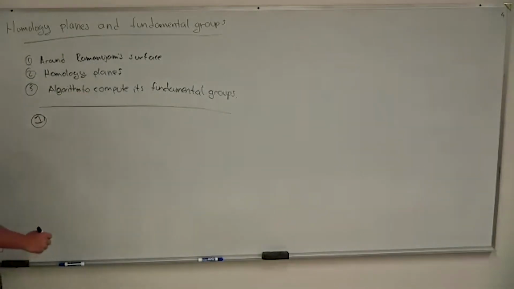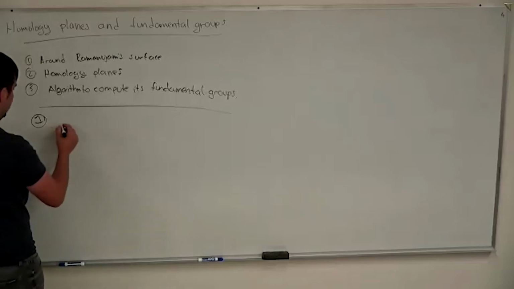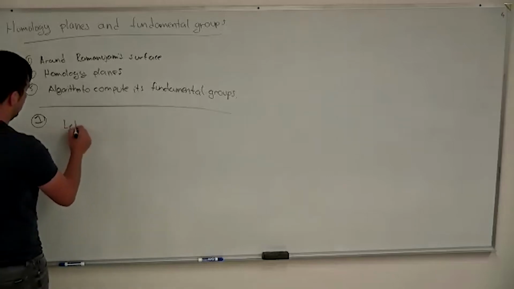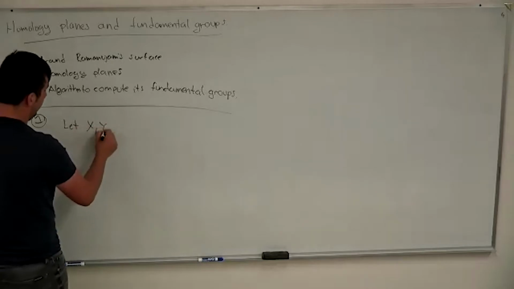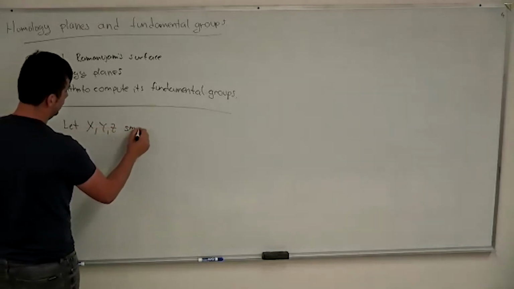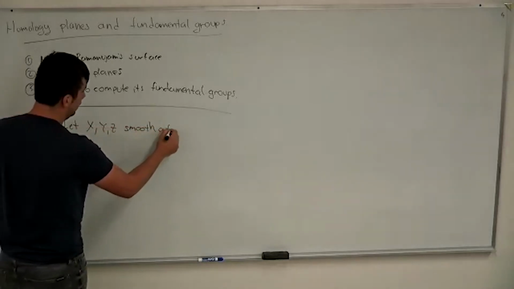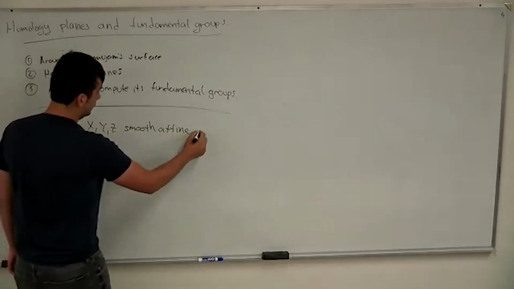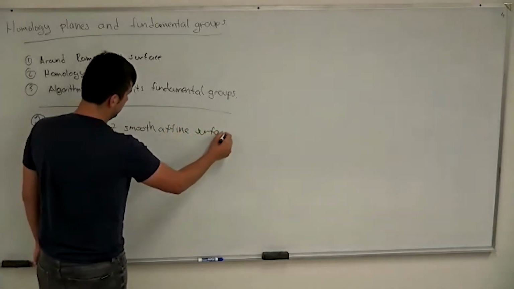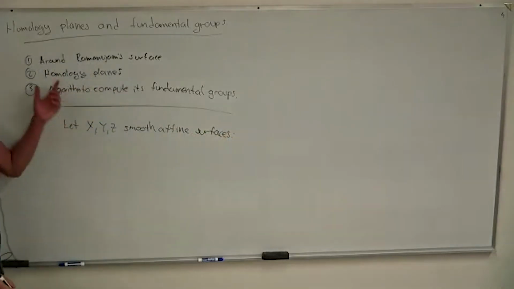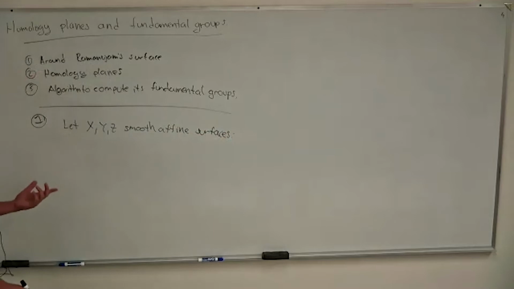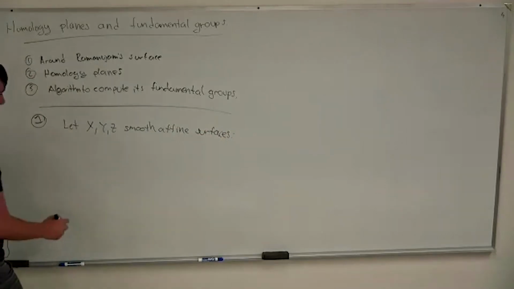We will be interested in something as follows. We will consider X, Y, and Z smooth affine surfaces. And the example that I'm going to present comes from what is called a cancellation property.